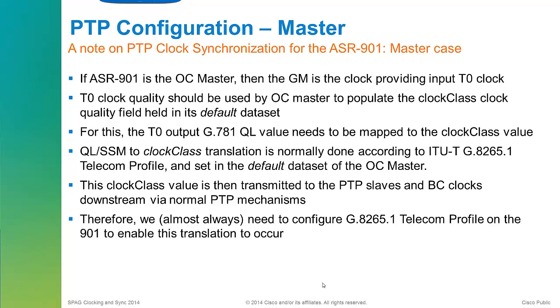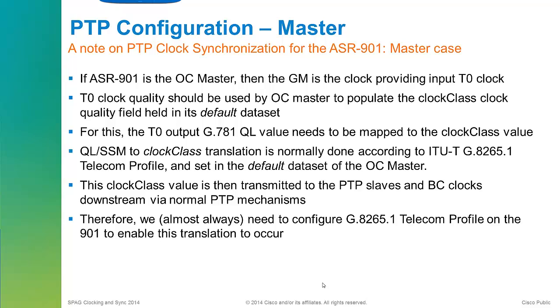So what's happening here is, if the 901 is the OC master, the external reference is providing input to the T0 clock. The T0 clock is used by the OC master, the ordinary clock master, to populate these clock class values.